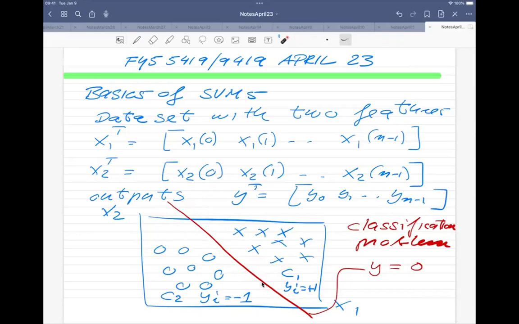In this case, it's pretty simple because we could just fit a straight line between the two classes. Now, what you know when you fit a straight line is that this straight line can have different tangents. So we can have tons of different lines which separate these two classes. So the question is, can we actually set up a method which is slightly better? And this is where support vector machines come in.